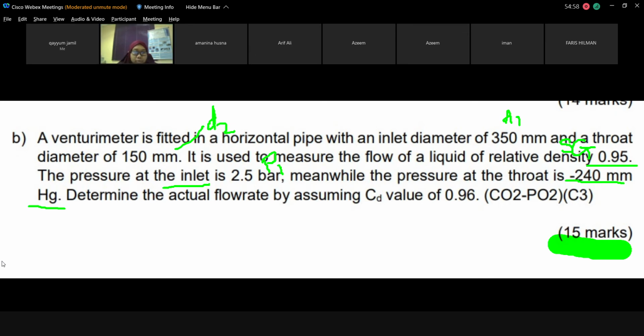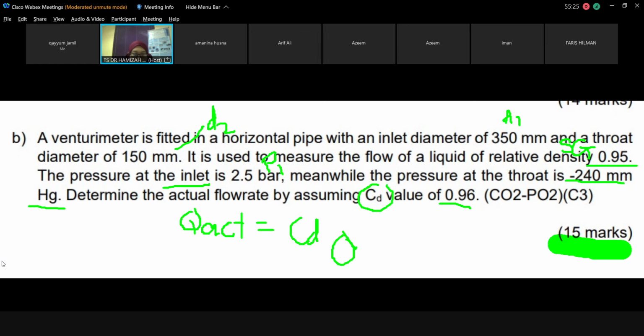Okay. So they also gave you the CD. CD value is 0.96. So it asks to find Q actual, or Q real. Q actual is CD times Q theory.